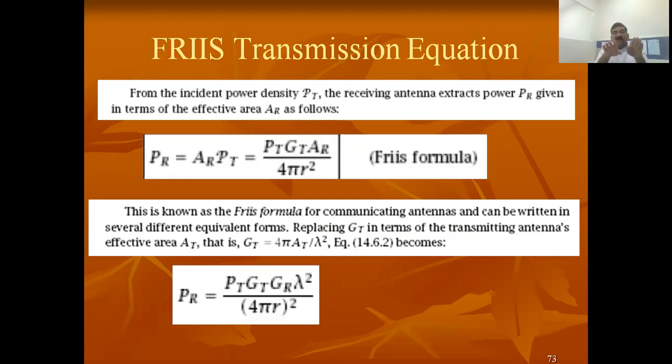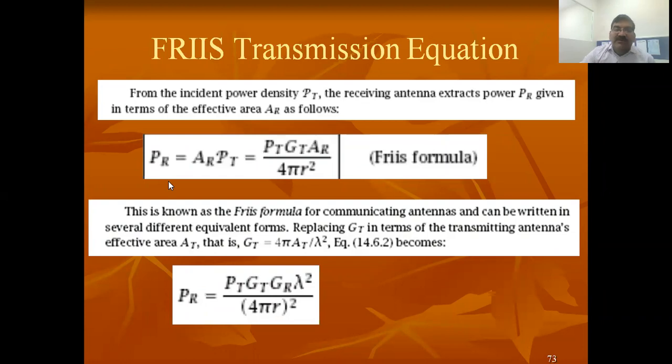The other parameters we kept constant. At 1 meter you receive, suppose, x power; at 2 meters, 4 times lesser; at 3 meters, 9 times lesser. So it is reduced quadratically: 1, 4, 9, this way. So this is called the Friis formula.